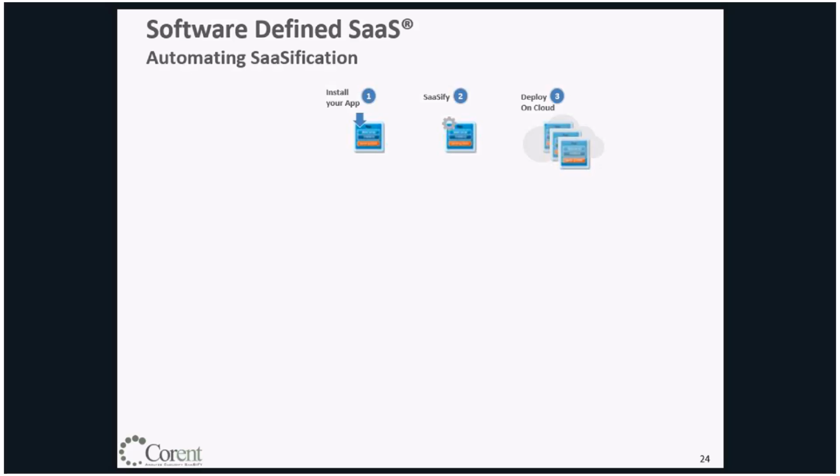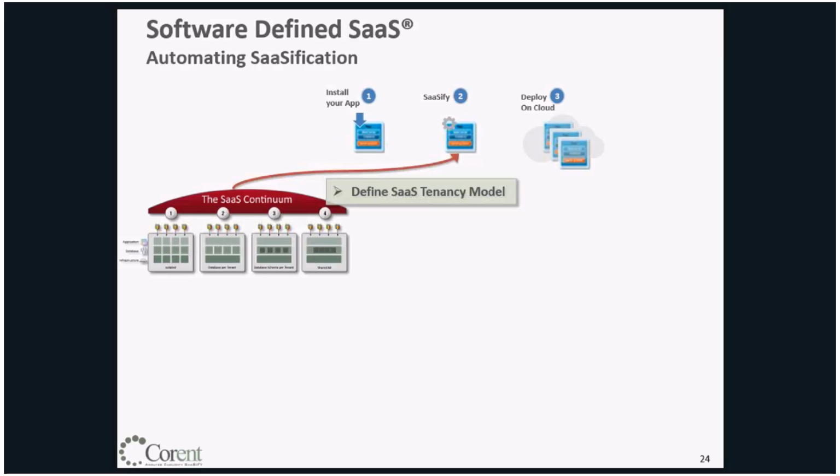Once the application is available, you initiate a process on SurPaaS called SaaSify. And what it does during the process of SaaSification is look at the application and determine what kind of tenancy model is best suited for this particular application, to what level it can handle in its original form. This is without re-architecting the application.